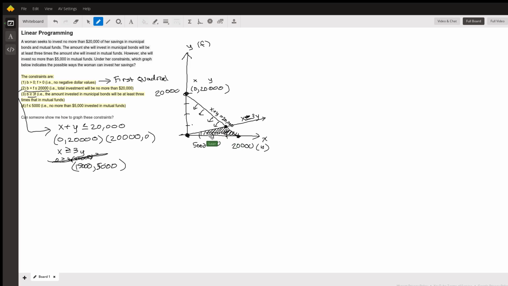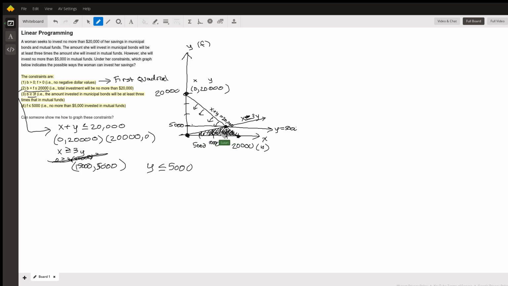And then the last constraint says that y has to be less than or equal to 5,000. That would be right here. So I'm going to have one more line, y equals 5,000, and less than or equal to would be below. That doesn't really seem to have much of an effect here because it's still going to be in this area where these constraints are.